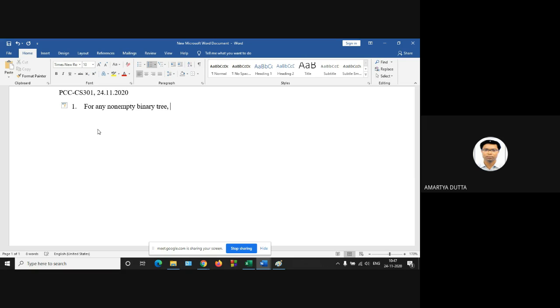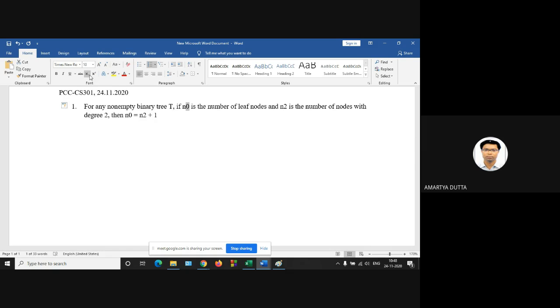For any non-empty binary tree, capital T, you can denote this tree as capital T. If n0 is the number of leaf nodes, and n2 is the number of nodes with degree 2, then n0 is equal to n2 plus 1. You have to prove this.